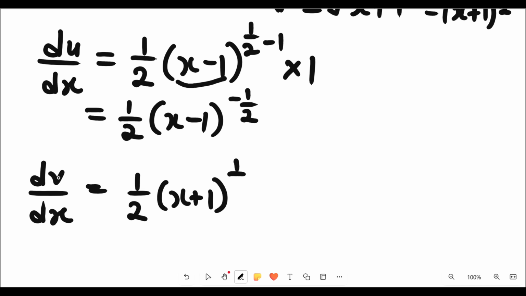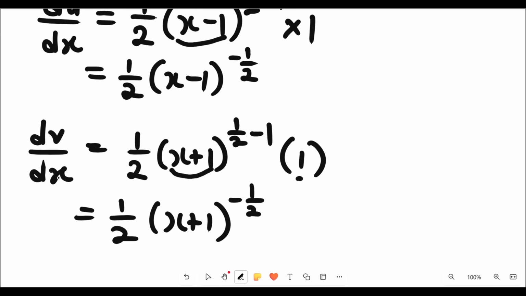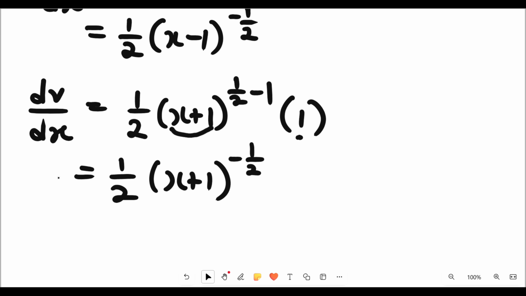Then the exponent, which is half, will be reduced by 1, so minus 1, multiplying the derivative of the expression in the bracket. x plus 1 gives us a derivative of positive 1. When we multiply through, we get half times 1, which gives us half, multiplying (x plus 1) having an exponent of negative half. So this becomes our dv/dx.